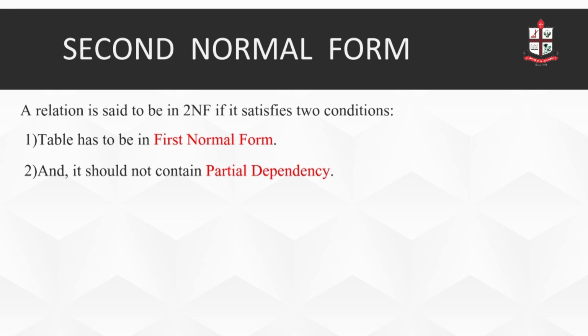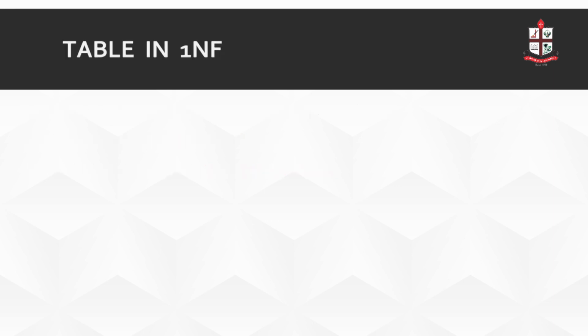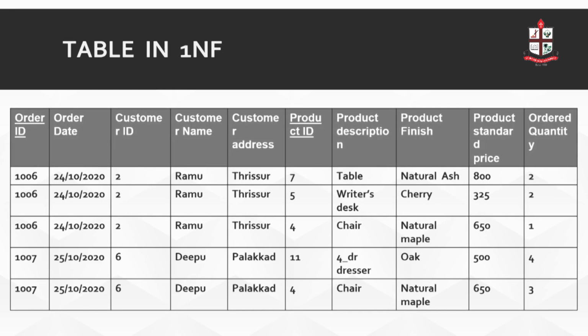So what is partial dependency? Let's take the same example. For this table, order ID and product ID are the primary key, because only with this can we uniquely identify all other attributes in this table.